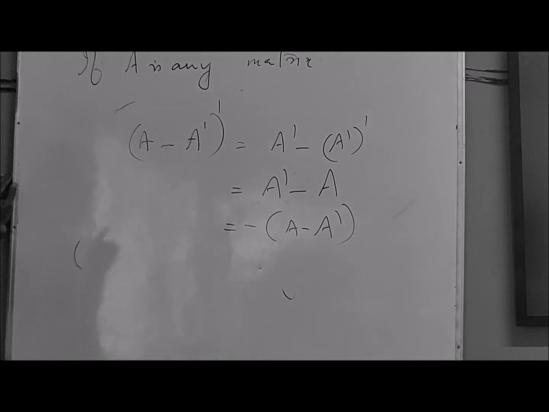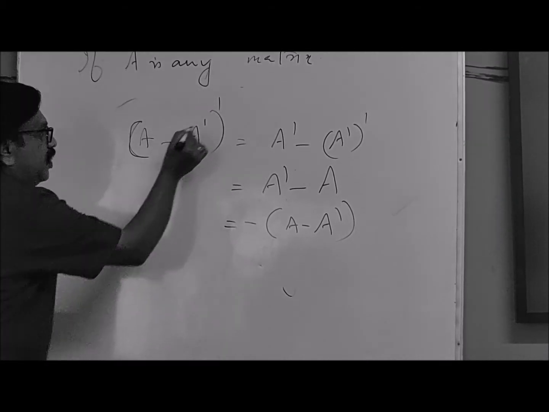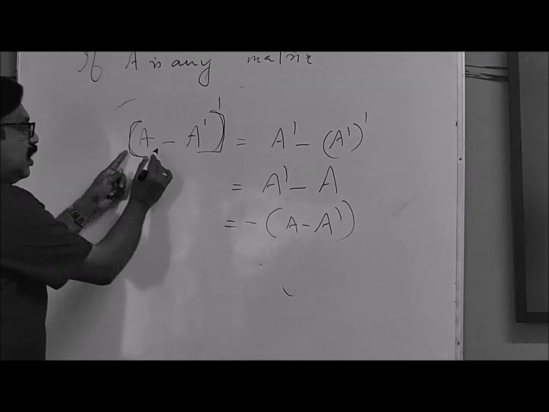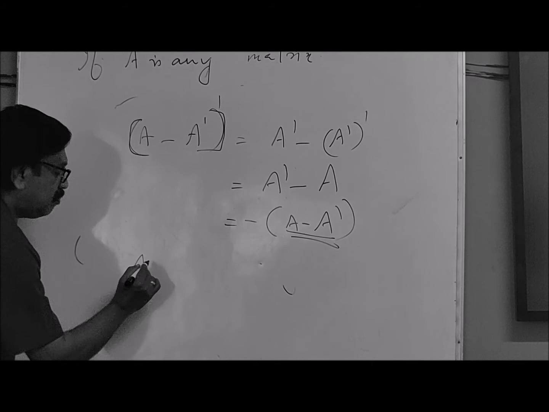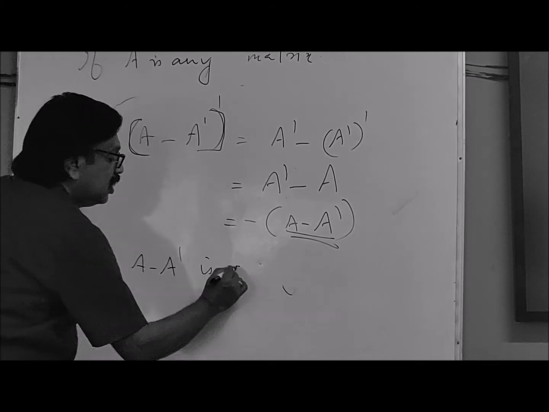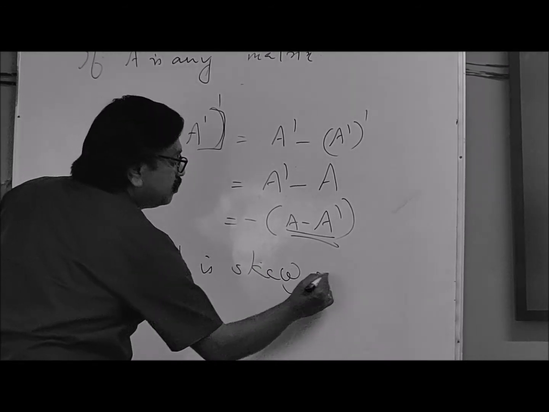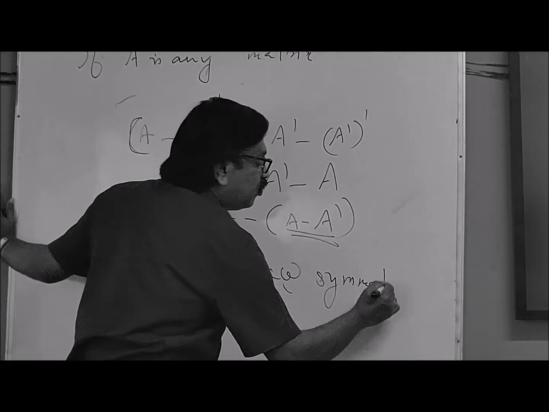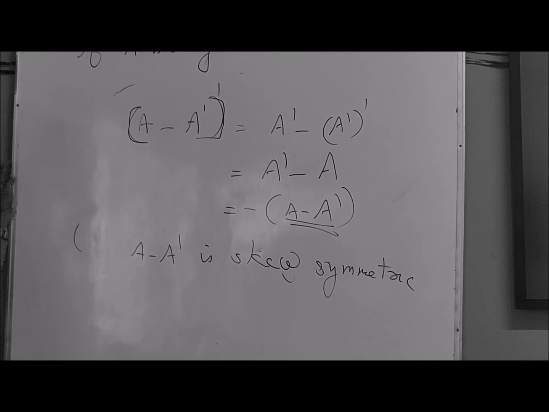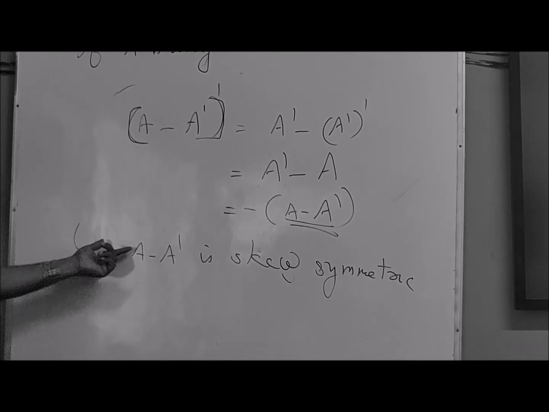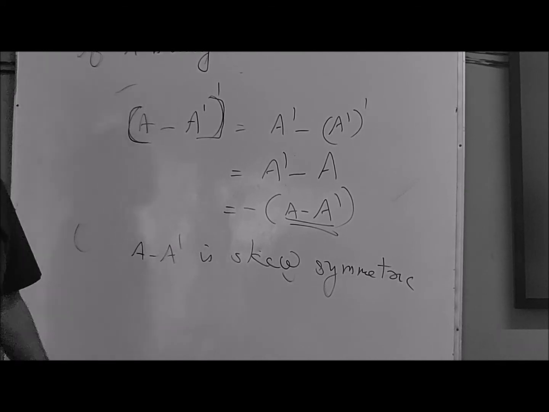You see the interesting thing? The transpose of this matrix is the negative of that matrix. It means that the matrix A minus A dash is skew symmetric. Therefore, two important things to note: A plus A transpose is symmetric and A minus A dash is skew symmetric.